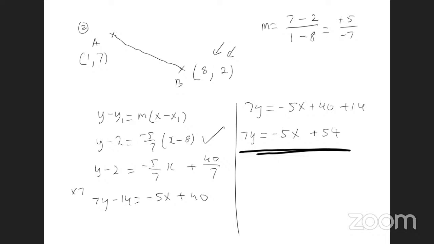The key is when you reach here, you need to get to here, because when you have to solve simultaneously, you'll need an equation looking like that. You don't want to have to work with the one with the fraction. So are we leaving the 7? Yeah. No, leave it 7y. Leave it just like this. There's nothing to solve. The objective was to find the equation of the line, and that is the equation of the line.